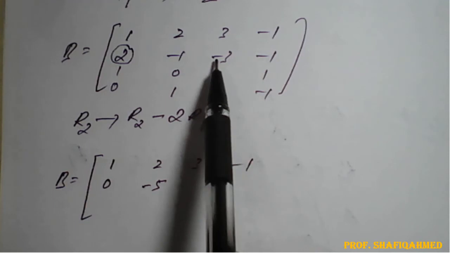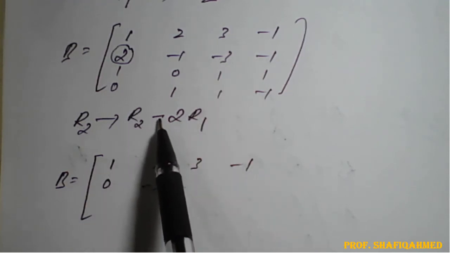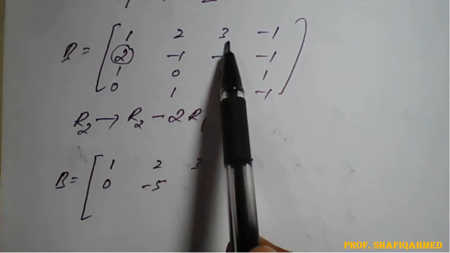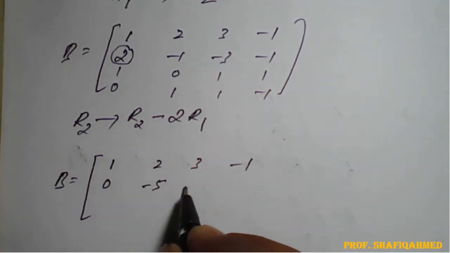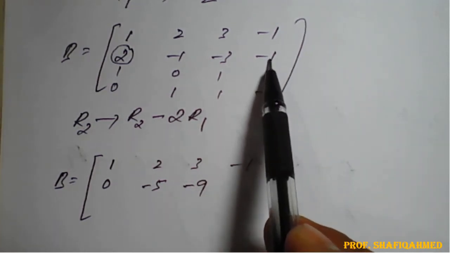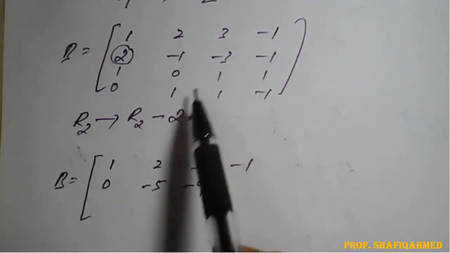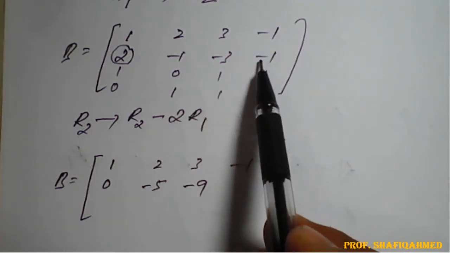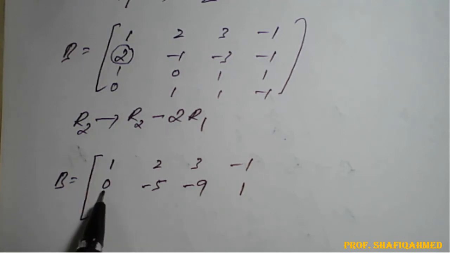Then minus 3 minus 2 into 3, which is 6, minus 3 minus 6 becomes minus 9. Next, minus 1 minus 2 into minus 1, minus times minus is plus, 2 into 1 is 2, so minus 1 plus 2 becomes 1. This is the second row. So once we got this, we have made this element 0.